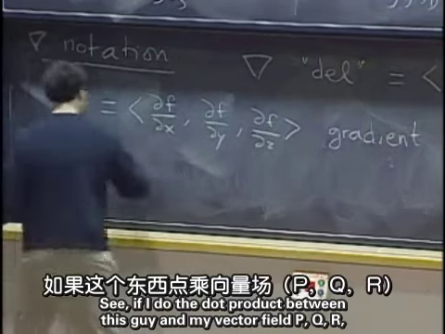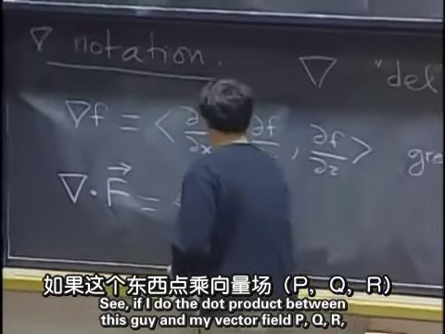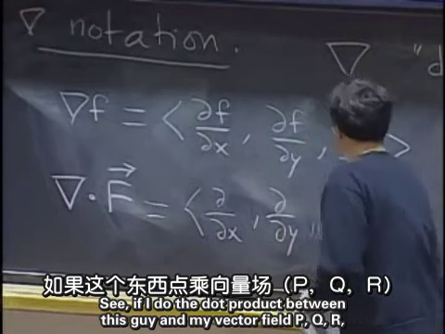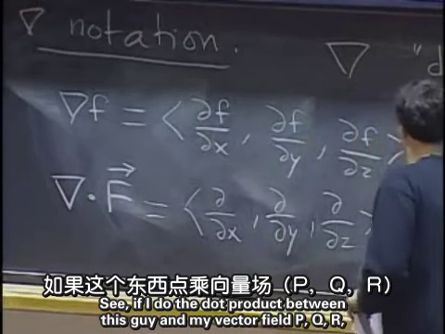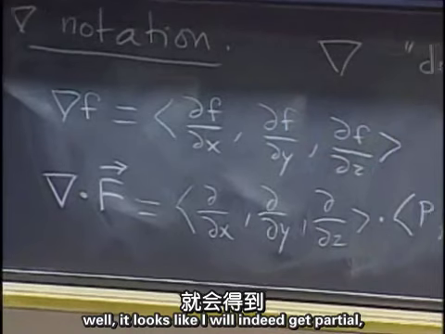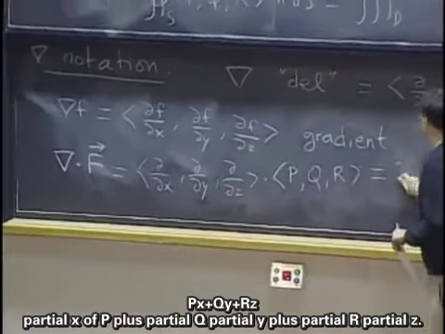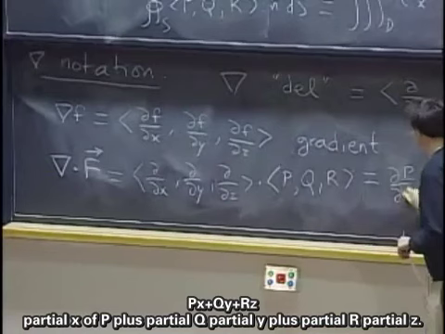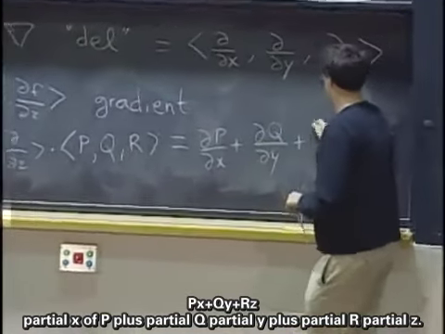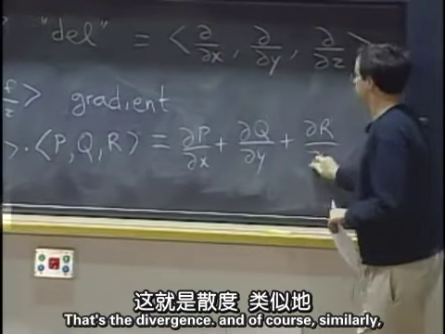See, if I do the dot product between this guy and my vector field P, Q, R, well, it looks like I will indeed get partial x of P plus partial y of Q plus partial z of R. That's the divergence.